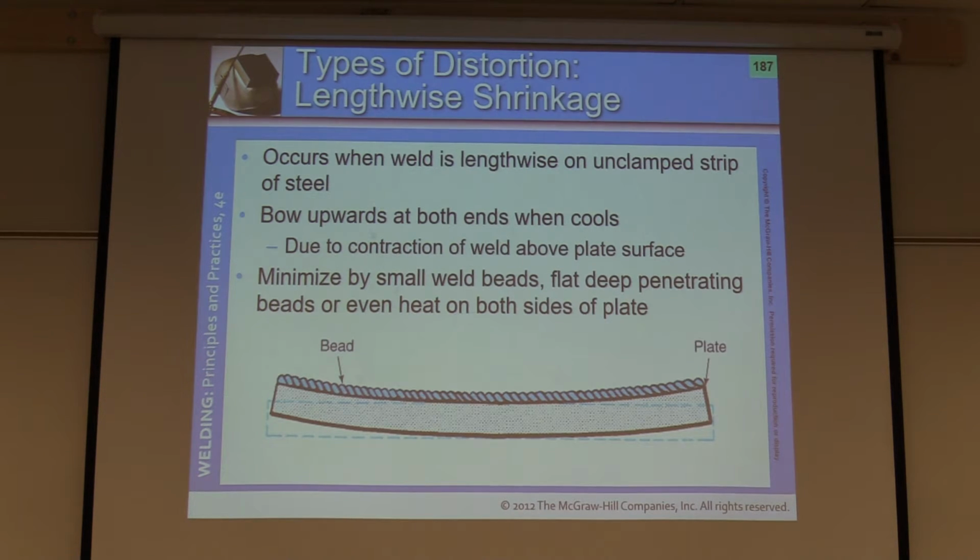All right, let's get to types of distortion. Page 105. Two major aspects of contraction in all types of welding: distortion and stress. Distortion can also be called shrinkage. It usually means the overall motion of parts being welded, from the position occupied before welding to that occupied after welding.